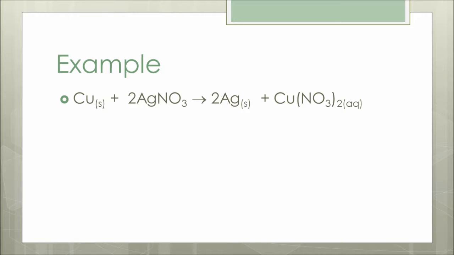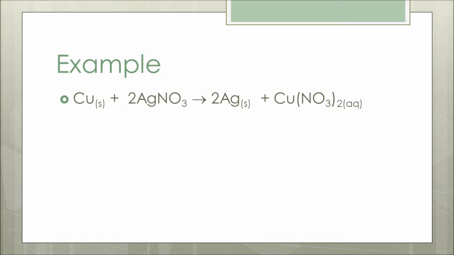Obviously, a white or grayish precipitate of silver will be formed in this reaction, and the liquid turns blue due to the presence of copper ions. From experience, we know that this reaction does take place, and therefore you can infer that copper is more reactive than silver.